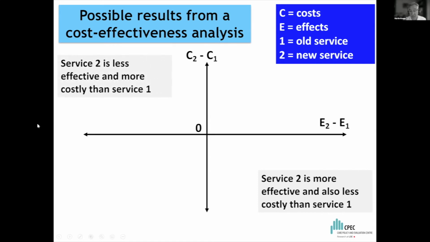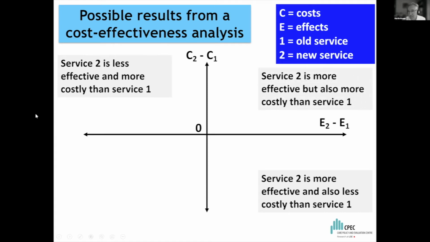Up here, it's also an easy conclusion. Service 2, our new service, is less effective than what we do at the moment, and it's going to cost us more money. Nobody's going to be interested in that, and they shouldn't be, not from an economics point of view. But the challenge comes in this quadrant and the other one, where service 2 is more effective, but it's also more costly.